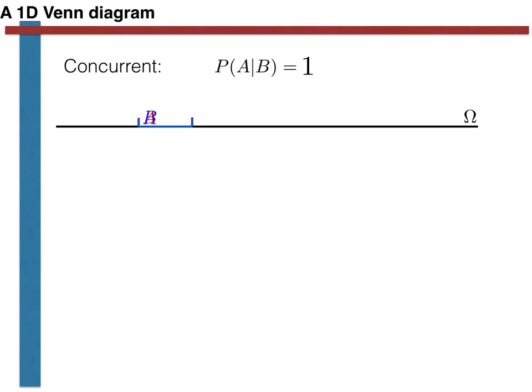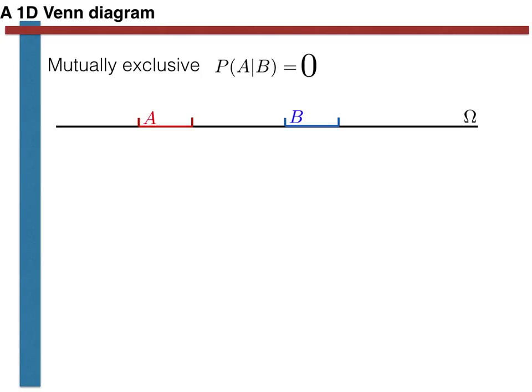Now what about if the two events are mutually exclusive? Pause the video for a moment and draw a representation. You should have drawn something like this, and remember that, of course, events A and B are mutually exclusive if the conditional probability, the probability of A given B, is equal to 0.